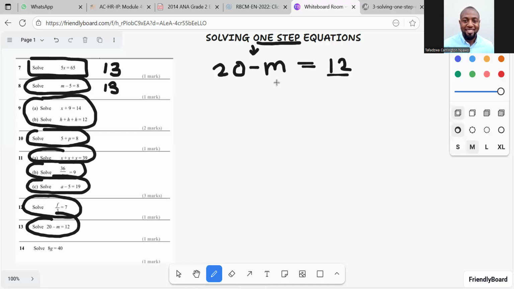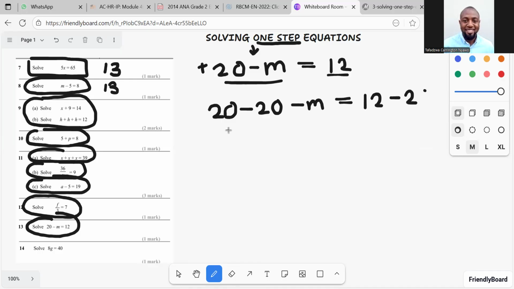All right. So the operation here is a negative, but there is a positive 20 here. So in order to remove that 20, we simply need to subtract 20 from this side, and here, equal to 12, I'll also subtract 20. 20 minus 20 is 0, and I'm left with a negative m here, and again, I'm left with minus 8 over there.